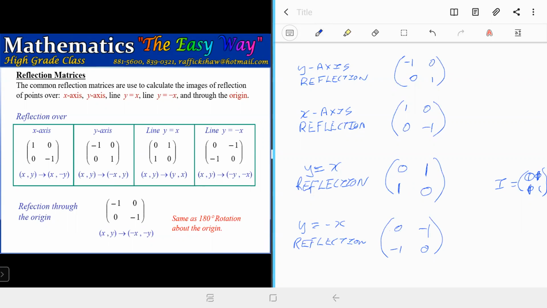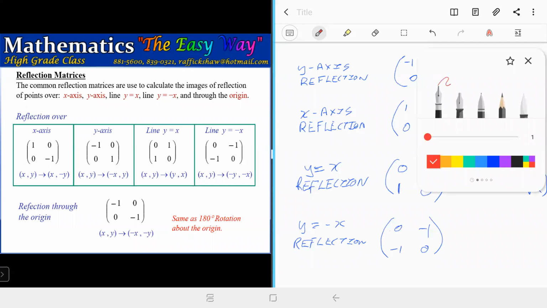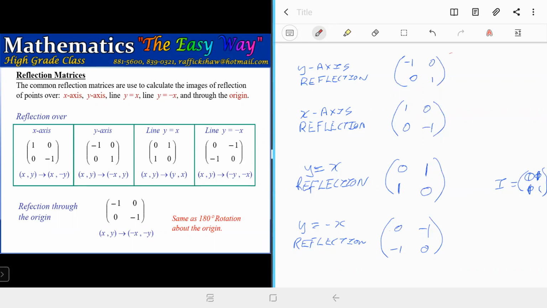And then for reflecting through the origin, which is the same as a 180-degree rotation about the origin, I combine these two. Let's call it origin reflection.